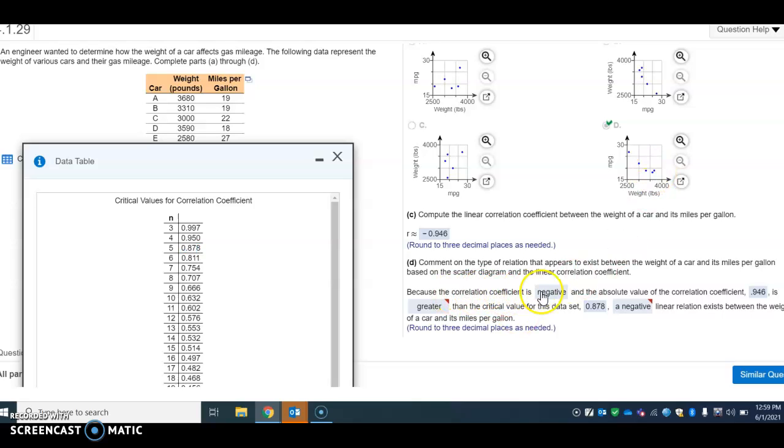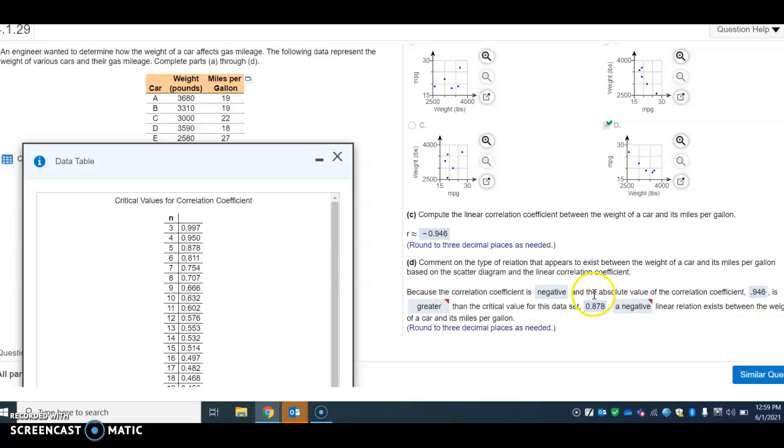So we fill in the blanks in this way. Because the correlation coefficient is negative and the absolute value is 0.946, and that's greater than the critical value from this chart, which is 0.878, then we know a negative linear relationship does exist between the weight of the car and its miles per gallon.